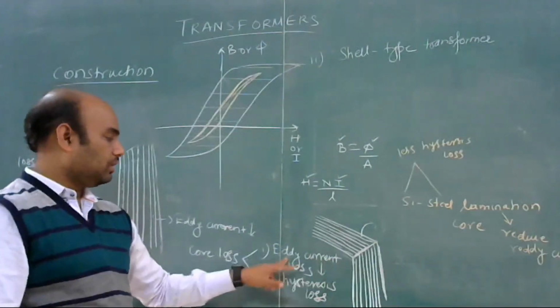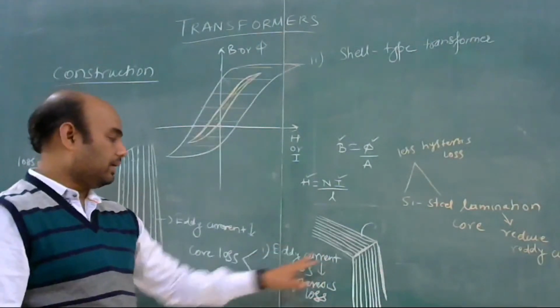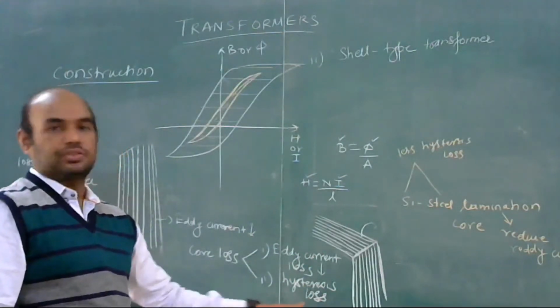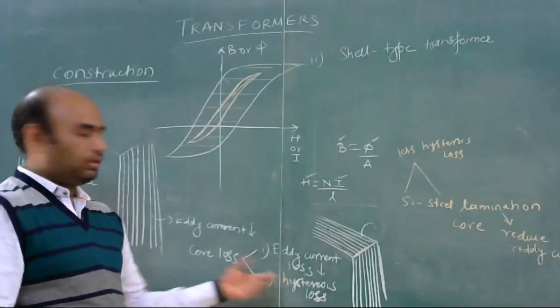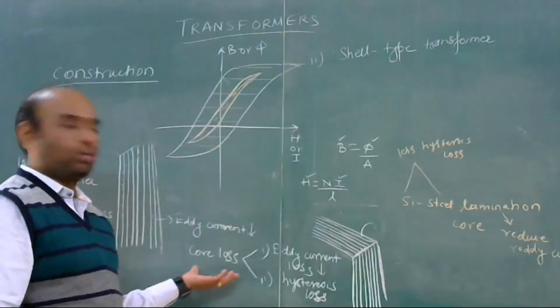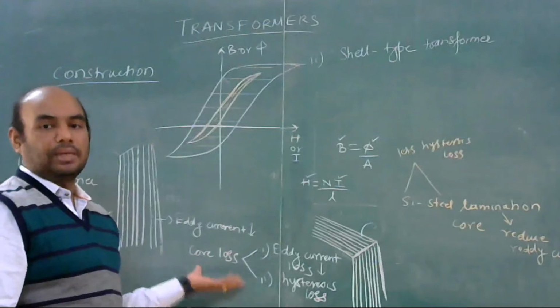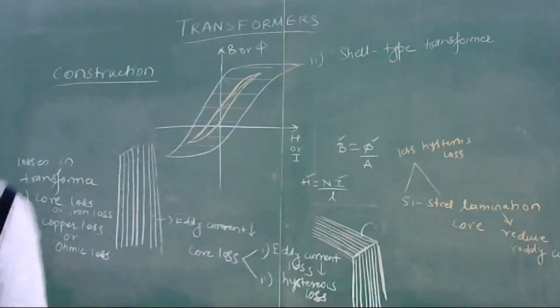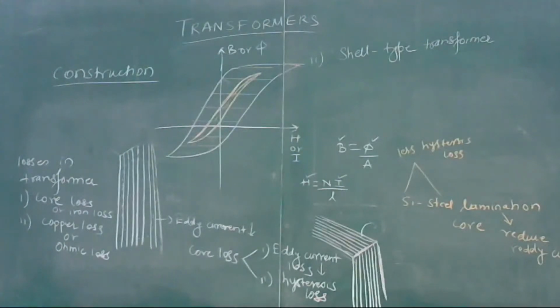By lamination you can reduce eddy current loss, and by using silicon steel you can reduce hysteresis loss. So on the whole we reduce the core loss, and core loss will be minimum by using this type of core. So this is about the construction of the transformer.